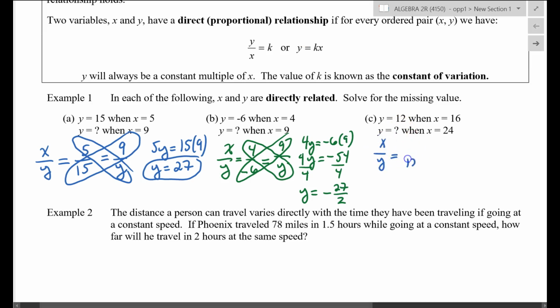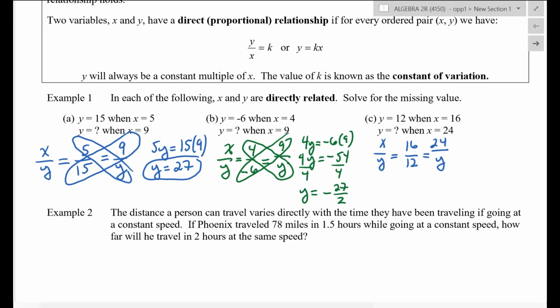And again, last one, x is to y. So when y is 12, x is 16. So what is y when x is 24? All right, cross product.